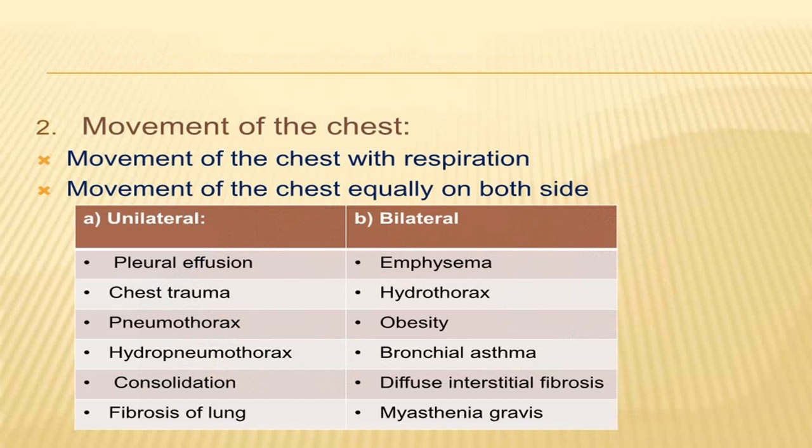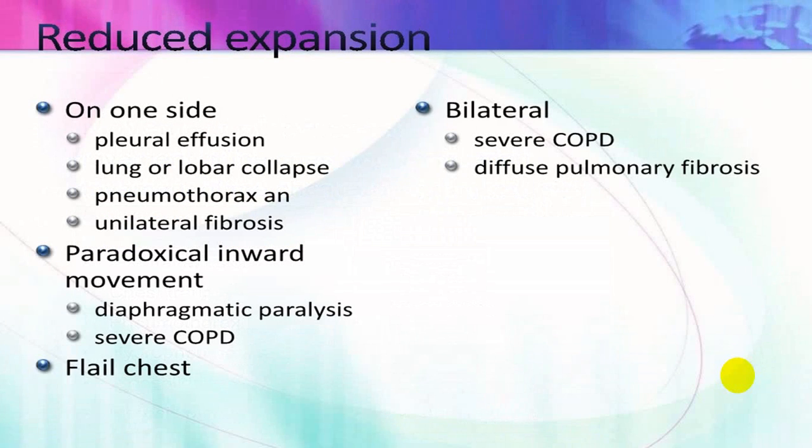And we have already told you, bilateral diminished movement in emphysema, bilateral hydrothorax, obesity, bronchial asthma, myasthenia gravis, etc. And in unilateral pleural effusion, unilateral pneumothorax, unilateral hydropneumothorax, consolidation, fibrosis, collapse, thickened pleura, there will be unilateral diminished respiratory movements.